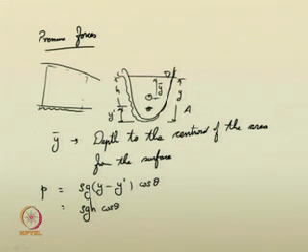Similarly, if you then consider the width of the water there, you will see that the pressure force acting on the entire area, whichever area you are taking into account, can be given as the pressure into area. That will give you the pressure force.